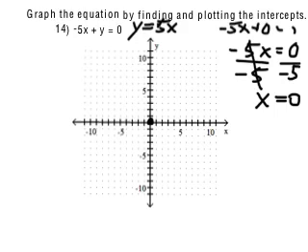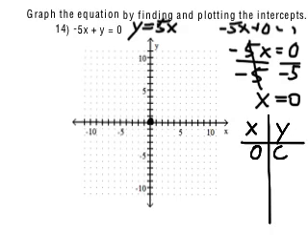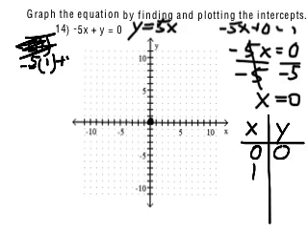Let's make our table. X, Y, because we need more points than just 1. So we've got 0, 0. So now the next one we could try, let's try 1. Where x is 1. So negative 5 times 1 plus y equals 0.